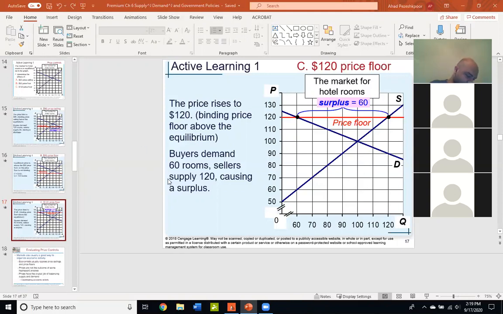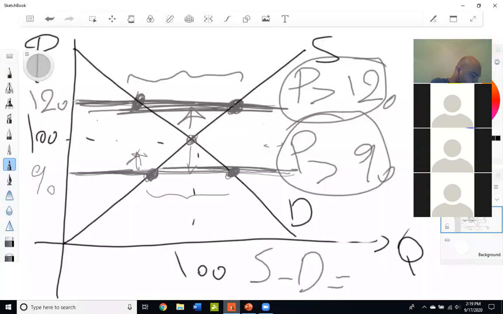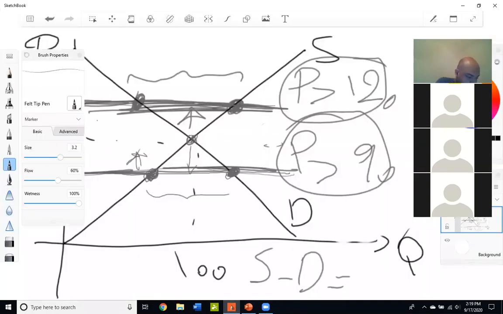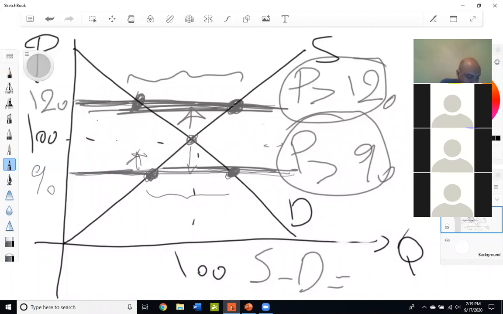And also, I made a mistake here in drawing the demand curve. Demand curve is not like that. This demand curve for hotel rooms is more like this. It's more elastic because people really don't need to go on vacation, so they're very sensitive to prices.